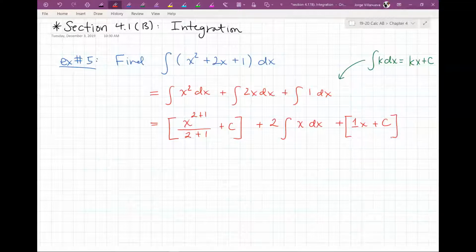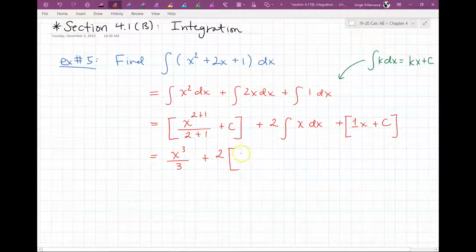Now I'm going to simplify a little bit. So on the left side, I get x cubed over 3. Now the plus c's, I'm going to add them together at the very end. So I'm going to ignore it for now. Plus 2. All right, now I got to integrate x dx.